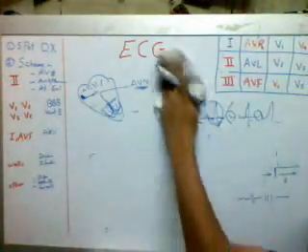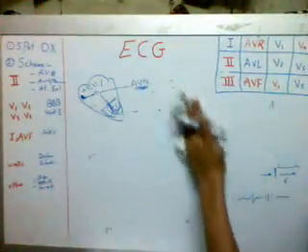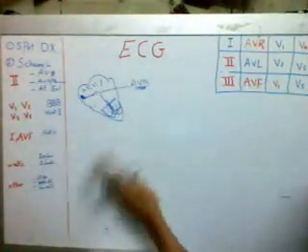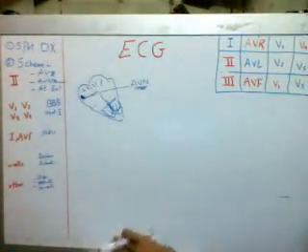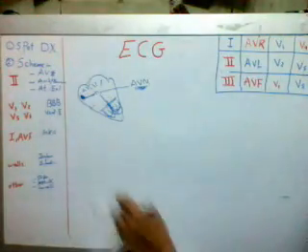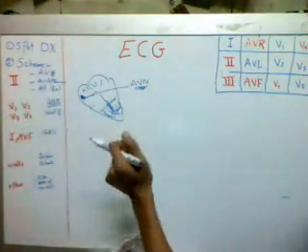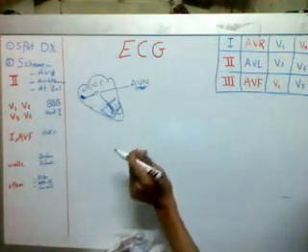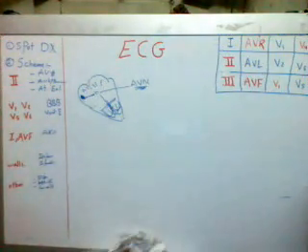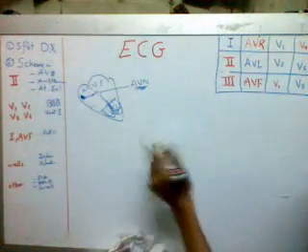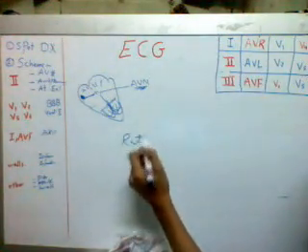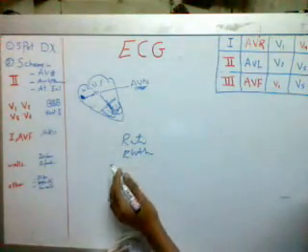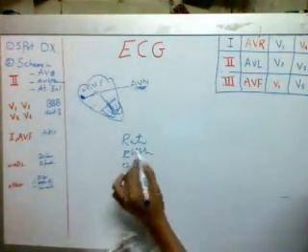So I look at lead 2 and check the PR interval to see if there is any block, any delay in conduction. What else can I see in lead 2? I can see arrhythmia. Before I detect arrhythmia, I have to check our rate, get our rhythm, and know our pacemaker.